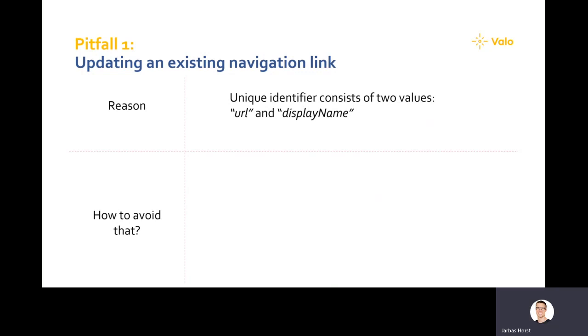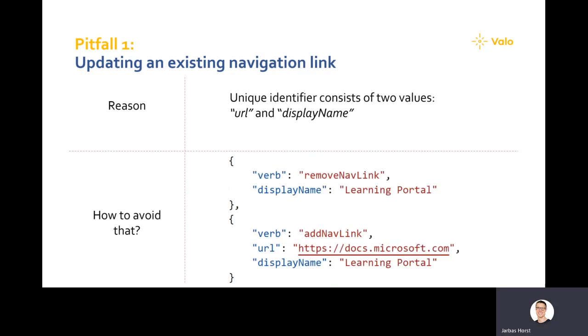If I change one of them, instead of updating the existing navigation entry, I will add a new one. So I will end up with duplicated content. How can I avoid this kind of exception? First, remove the existing link and then add the new navigation link to the navigation.